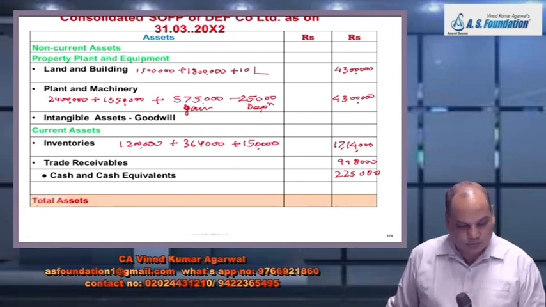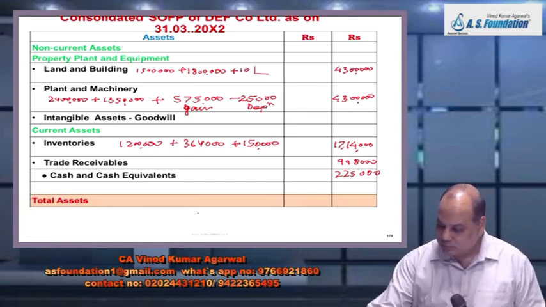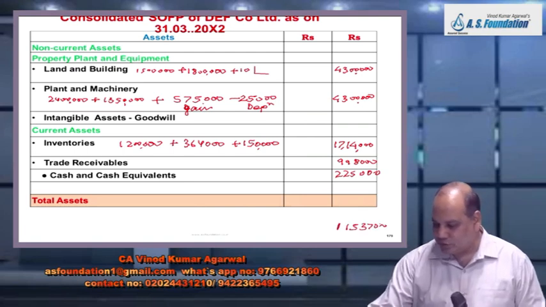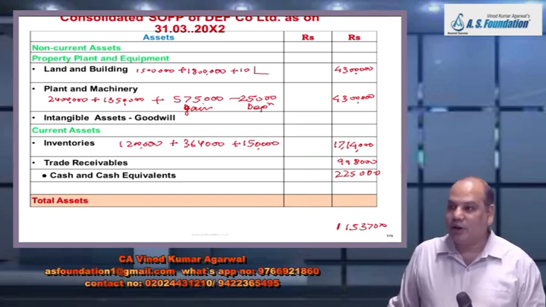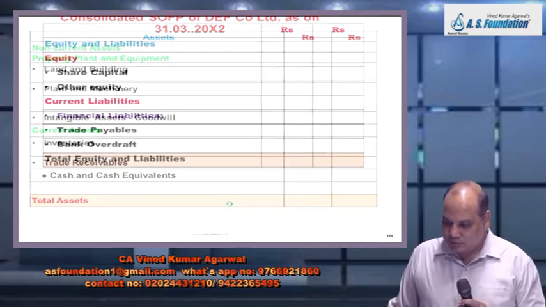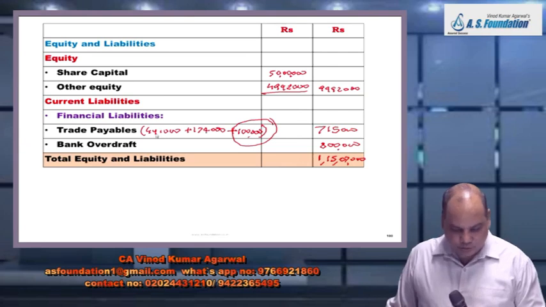Asset side is 1 crore 15 lakh 37,000. Okay, there is a small typing error in trade payable. Trade payable, this is 4,71,000. Now just check, is it matching?